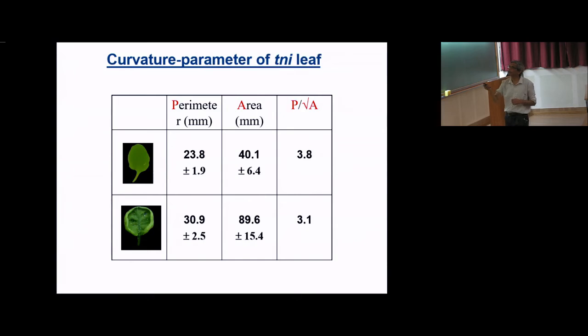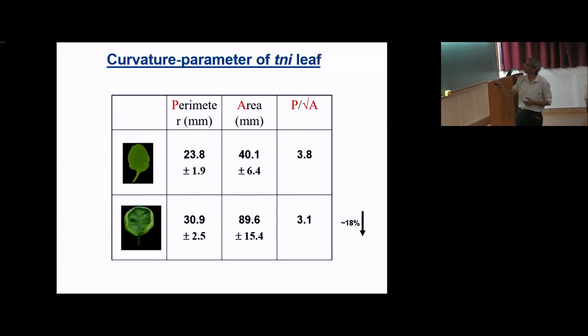So this is the perimeter of the mature leaf, and this is the area. 3.8 is the curvature parameter for the mature wild type leaf, and in the mutant it is less. That 3.8 to 3.1 is roughly an 18% change, but that's good enough to show the curvature.